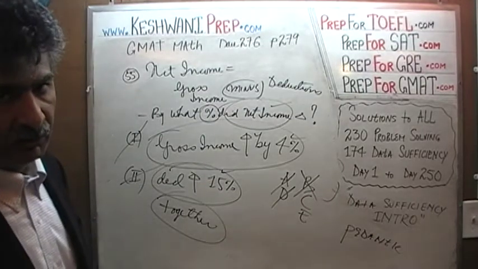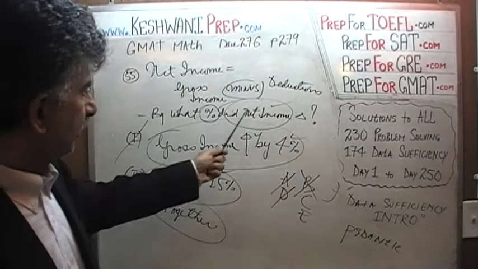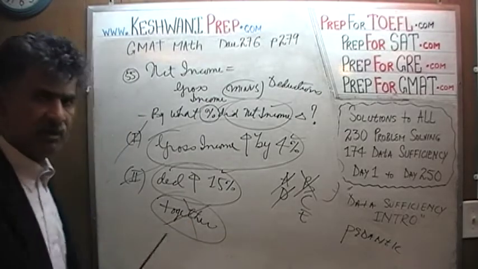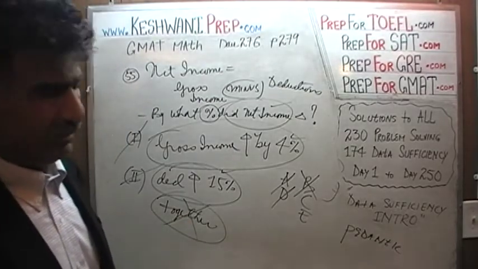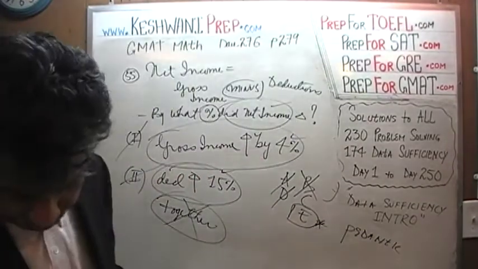We do not know any figures. We need to know the dollar figures for the net income before and after, before we can figure out the percentage change in the net income. Putting the 2 statements together also does not get us anywhere. The answer is E.